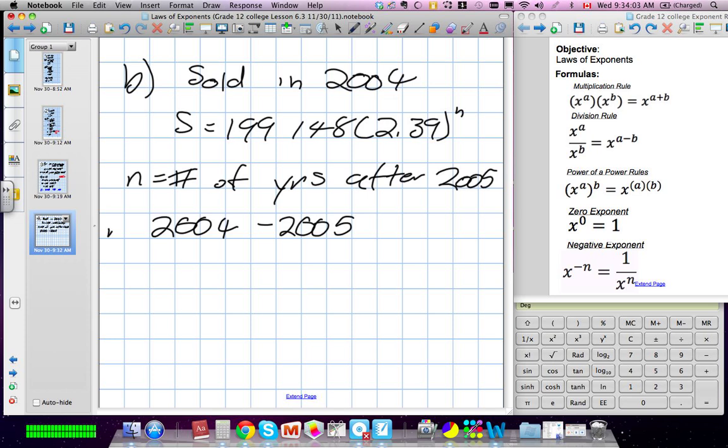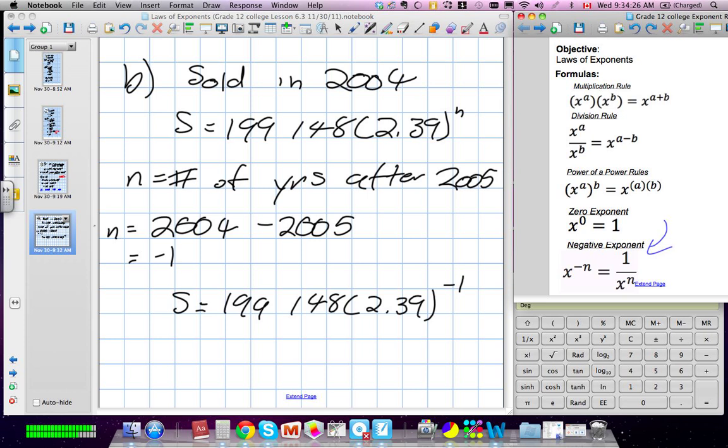So I'm going to put that into our equation now. S is equal to 199,148 times 2.39 to the power of -1. Now I want you guys to look at this negative exponent rule we have over here. It says a base with a negative exponent can be represented by the reciprocal of that base. So essentially what it means is we put it below 1 into a fraction form and we make the exponent positive.